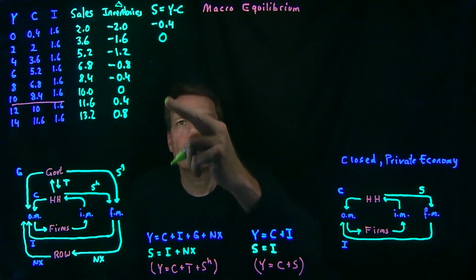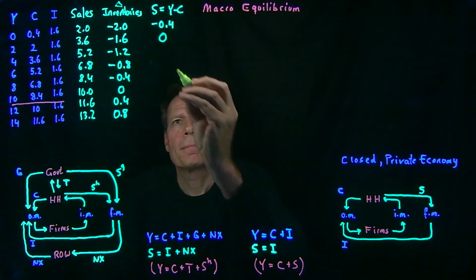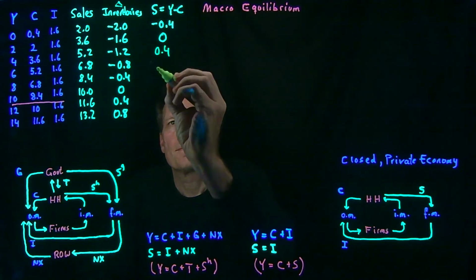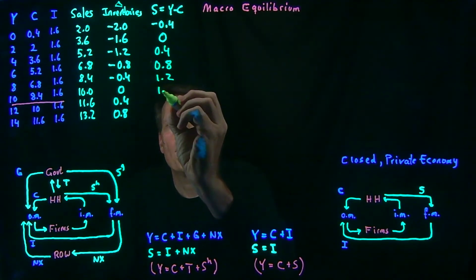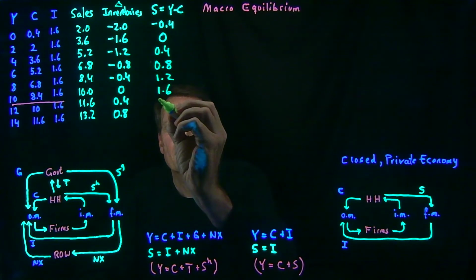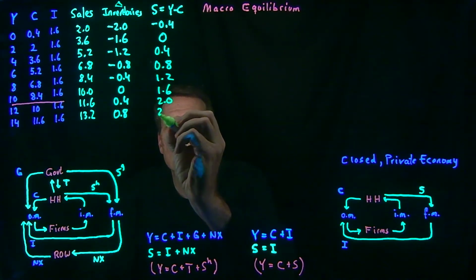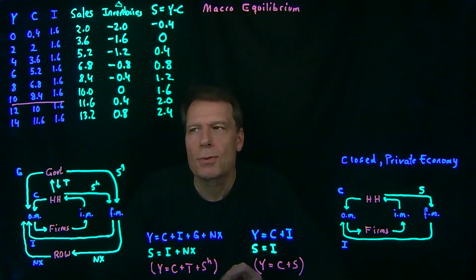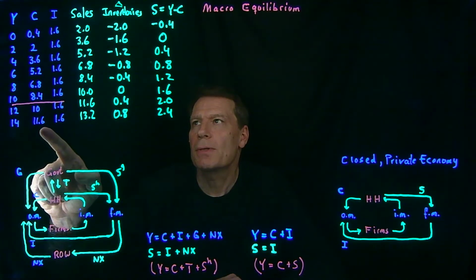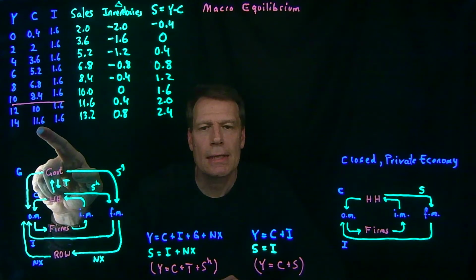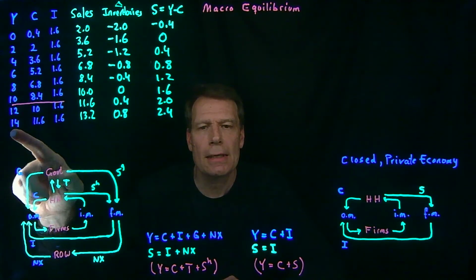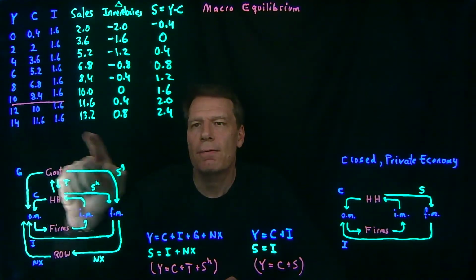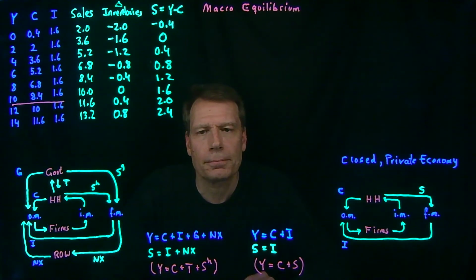And we can fill in the rest of the column. 0.4, 0.8, 1.2, 1.6, 2.0, and 2.4. So in the last row, consumers are consuming 11.6 billion, but they're earning 14 billion in income. So they're saving the difference, 2.4 billion.